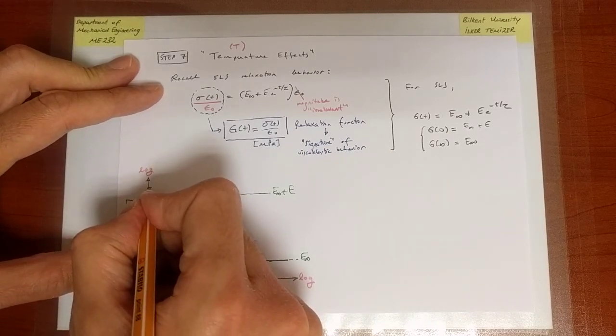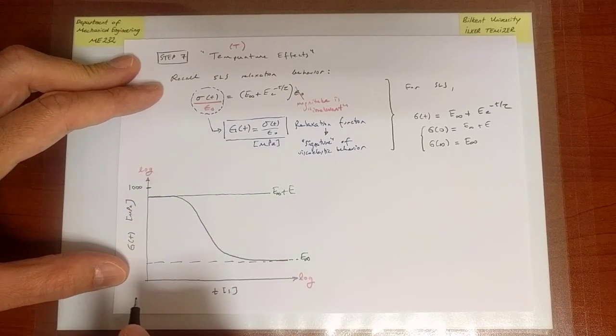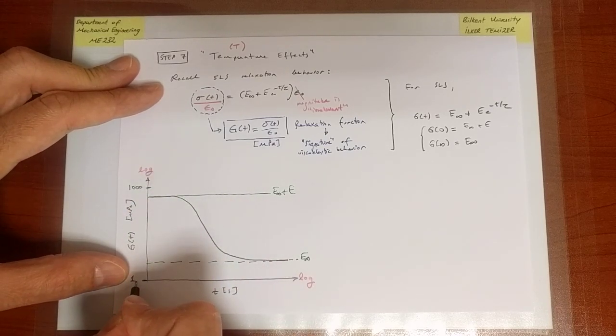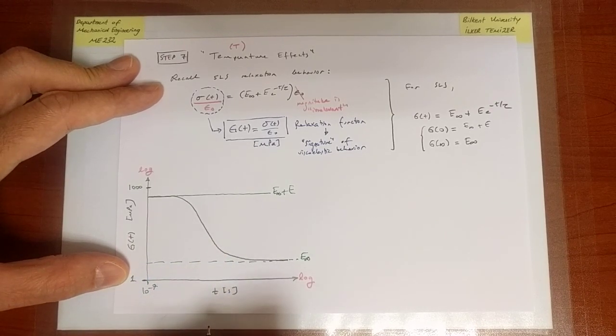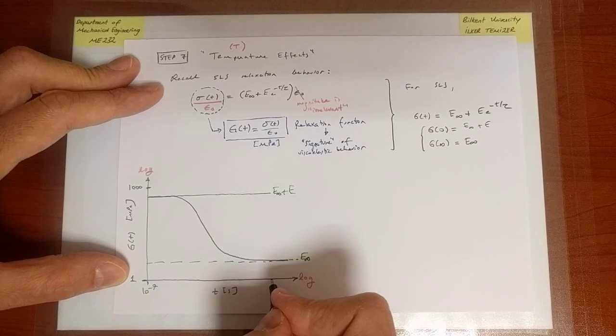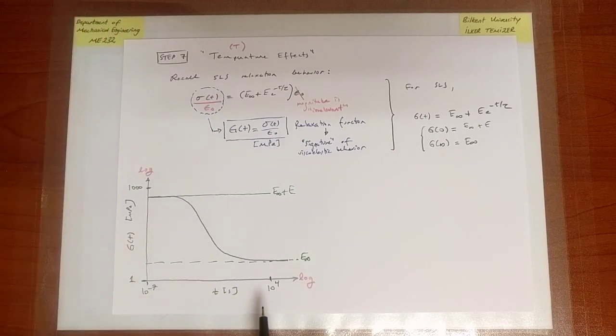And so this value here could be as high as 1000, and this value here could be as small as 1, and the time could be as small as 10 to the minus 7, and it could be as large as 10 to the 4 or even much larger. Okay. But notice that this is of the order of hours, and then we rapidly decrease towards the order of seconds, and then further rapidly decrease to extremely small time scales. So that's what the curve looks like on the log-log scale.